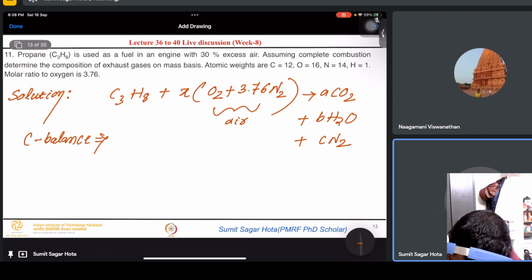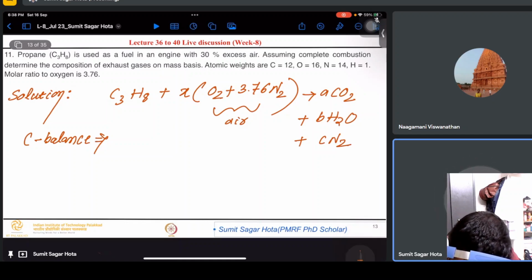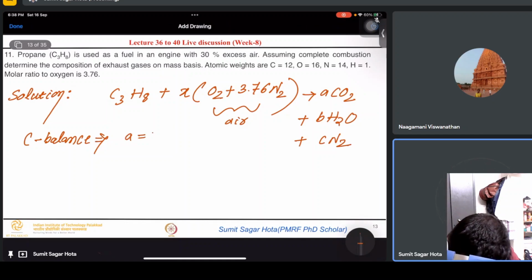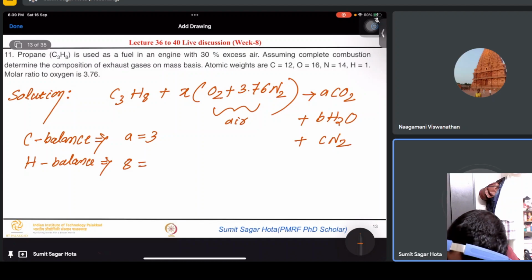C3, so 3 carbons are there, and here 1 carbon, so A is equal to 3. Similarly, you do the H balance. H8 is there, so 8 is equal to anything else on the left? No. Right hand side, yes, it's there, 2B. So B is equal to 4.